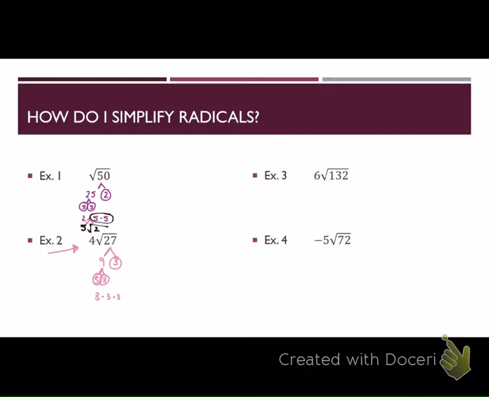So, do we have any partners? 3. Okay, so what does that part specifically, before we deal with the 4, simplify to? 3. Square root of 3. So then we take down the 4, and we do 4 times 3, which is 12, square root of 3.